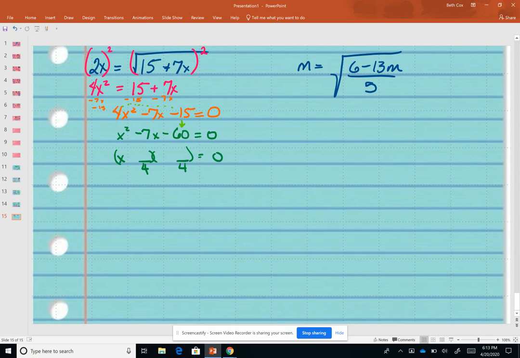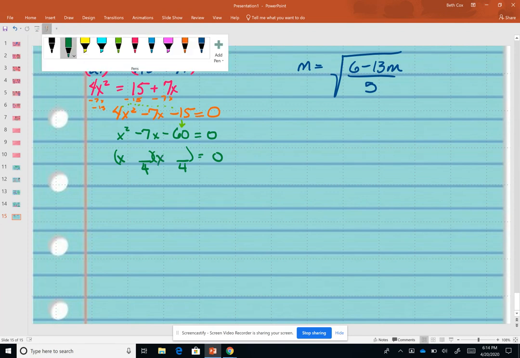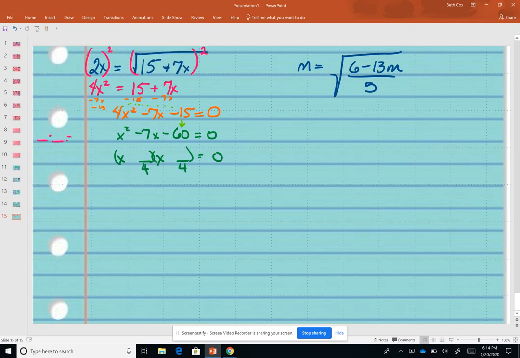And I'm going to have an x here and an x here. Okay, so now I do my little factoring. I have to come up with my magic numbers. I need two numbers that multiply to give me negative 60, and they're going to add or subtract to give me negative 7. That's going to give me 12 and 5, a negative 12 and a positive 5. So those are my factor numbers.